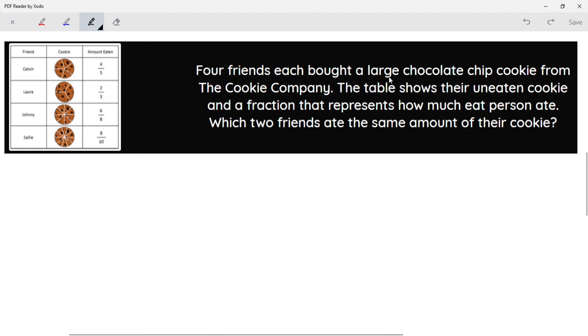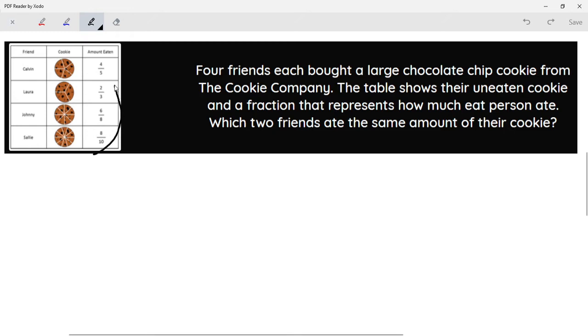Four friends each bought a large chocolate chip cookie from the cookie company. The table shows their uneaten cookie and a fraction that represents how much each person ate. Which two friends ate the same amount of their cookie?